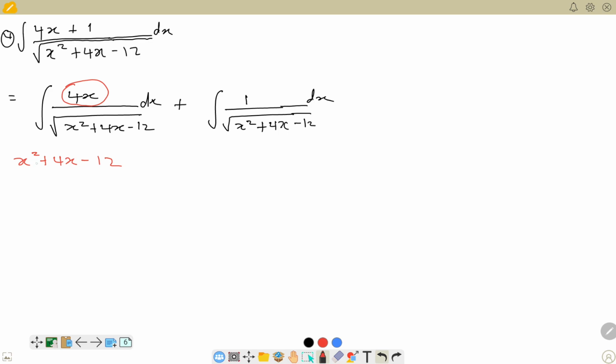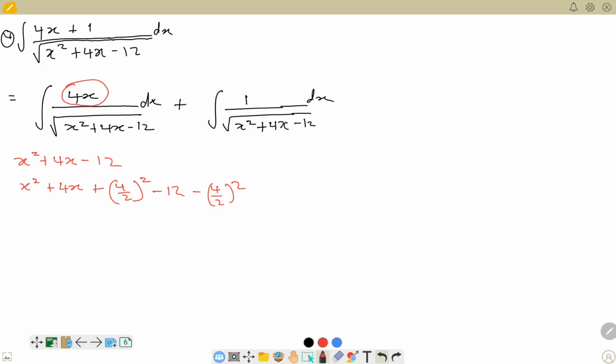Then when we complete the square, how do we do it? We say we have x squared plus 4x plus the coefficient of the middle term, it's 4. 4 divided by 2, it's 2. So it's 4 divided by 2. Let's do it step by step. Minus 12 minus 4 over 2 all squared.